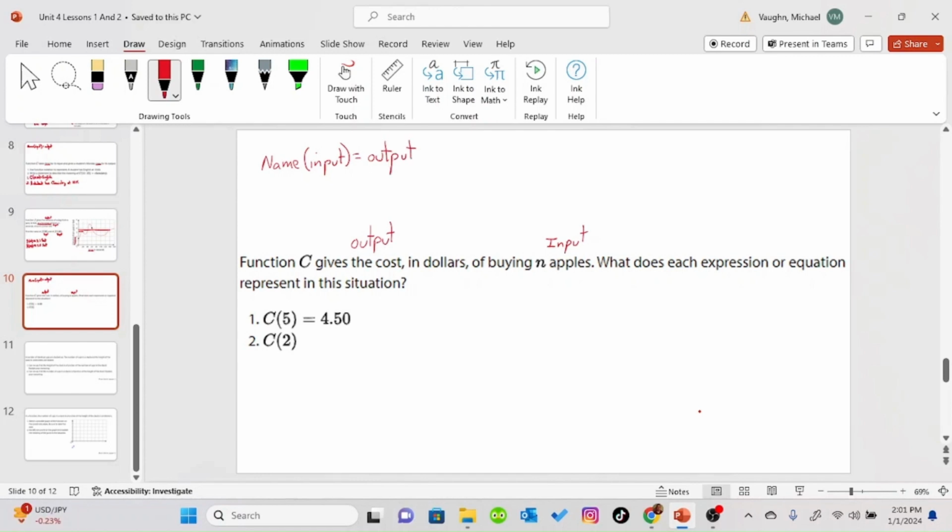So for number 1, 5 is our input, and our input is the number of apples.